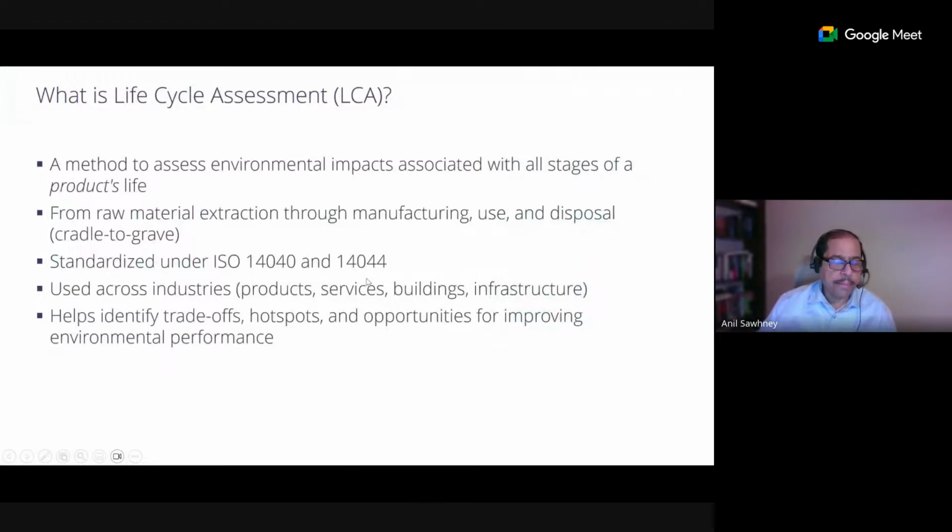Okay, so before I go any further, what I want to do is talk about whole life or life cycle assessment. What is LCA? Because that is the core. LCA is a technique that is used in various sectors, not just construction. LCA is a method which is used to assess environmental impacts associated with all stages of a product's life. Originally, this is designed for products.